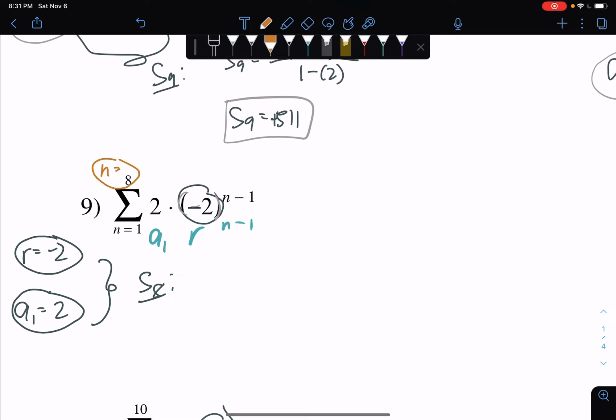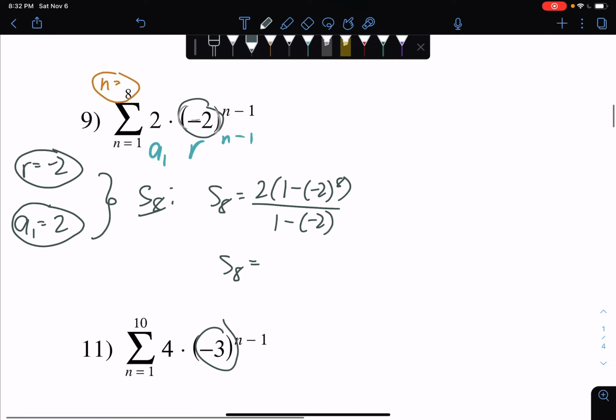S sub 8 is equivalent to 2 times the quantity 1 minus r raised to n, divided by 1 minus r. Now, in that case, we have this in the calculator, and our answer would be negative 170.